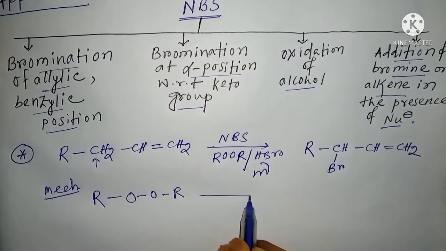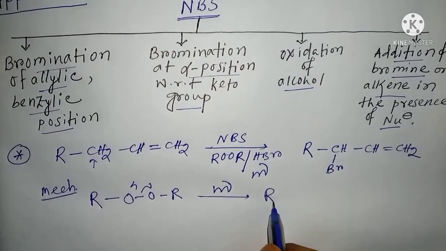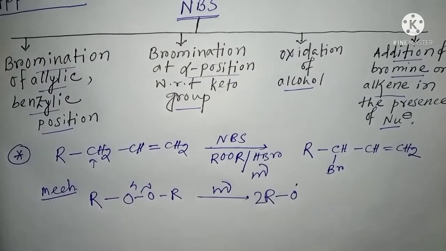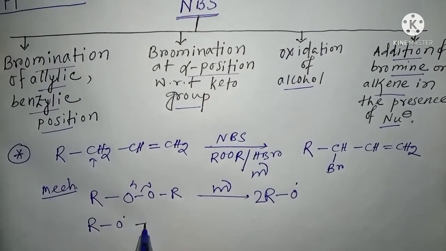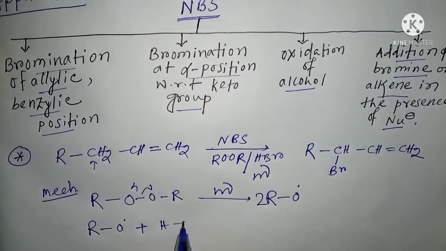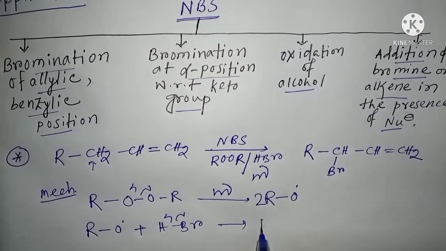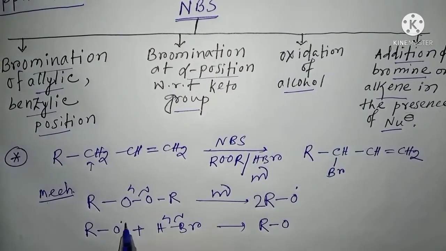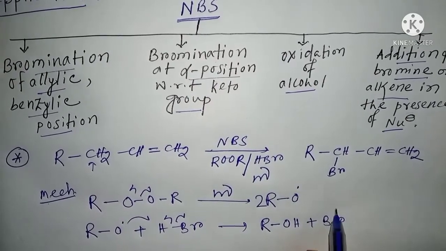Now, the mechanism. ROOR, this peroxide, in the presence of hν, first breaks this bond by radical cleavage to form RO radicals. Then the RO radical, in the presence of HBr, breaks this bond and forms ROH and a Br radical.